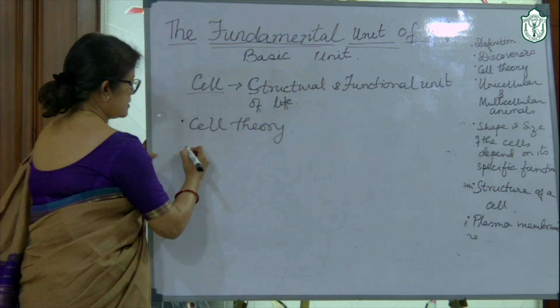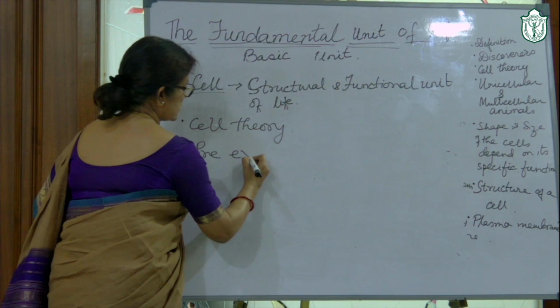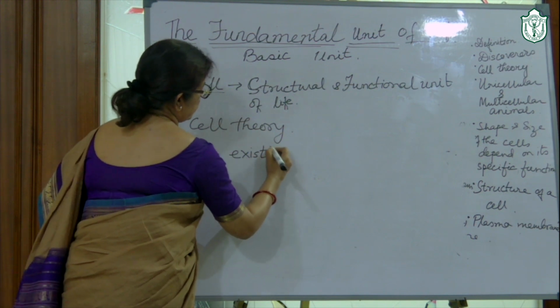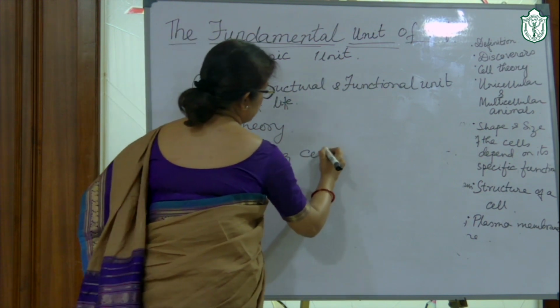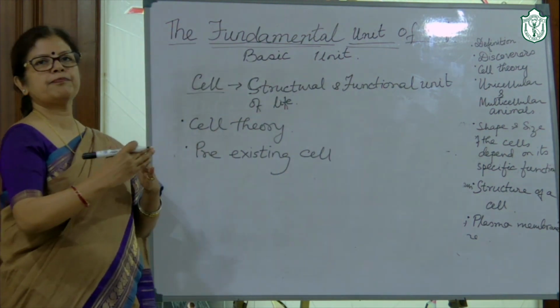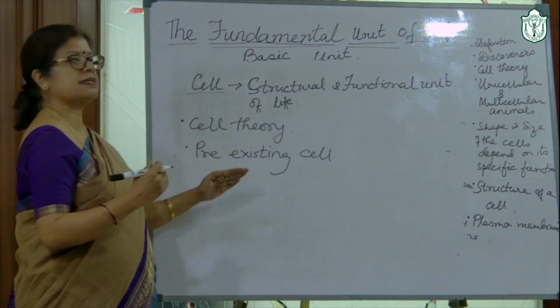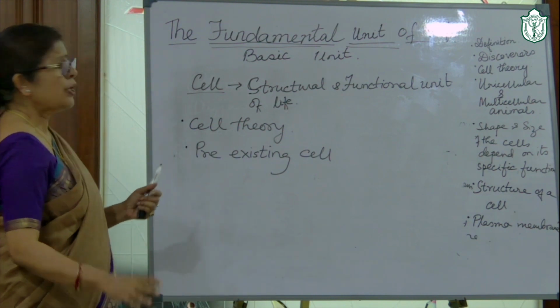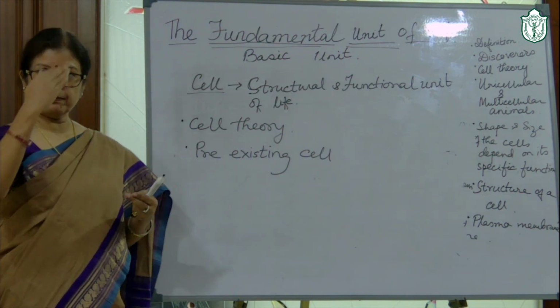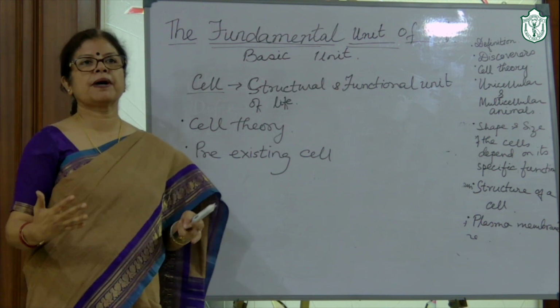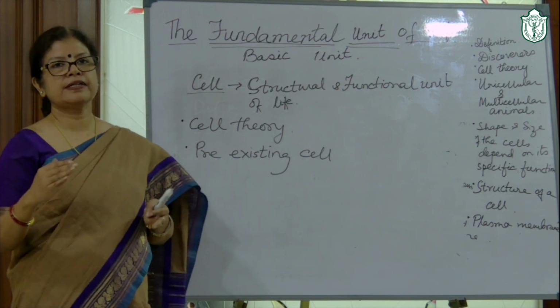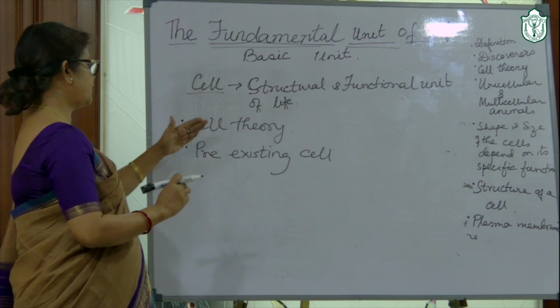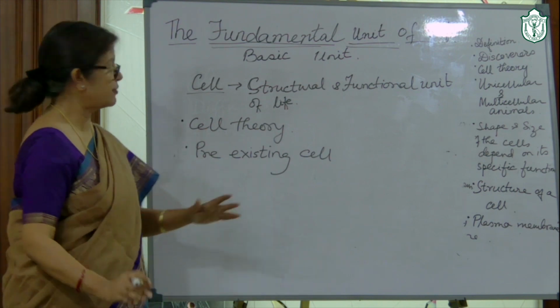The word is pre-existing cell. A new cell develops from a pre-existing cell by the process of cell division. So, these are the 3 points in the cell theory.